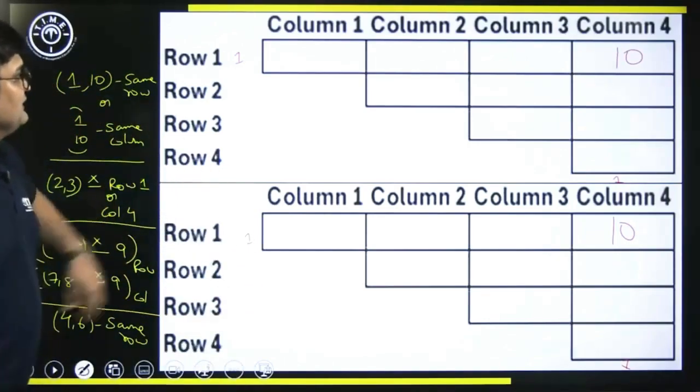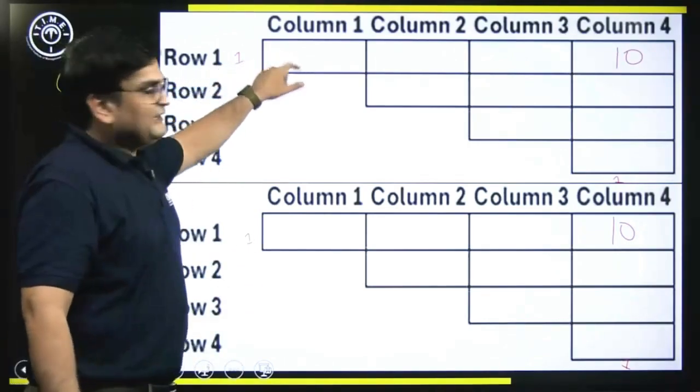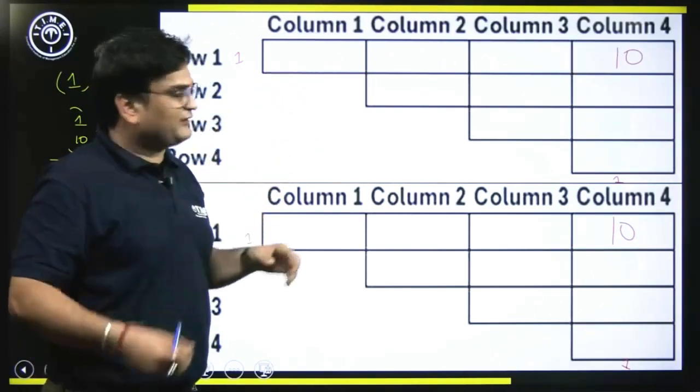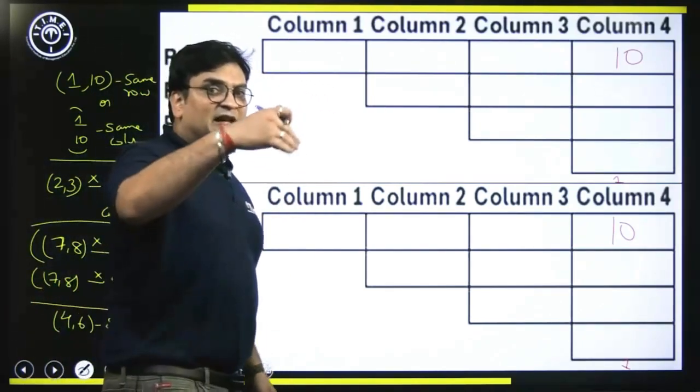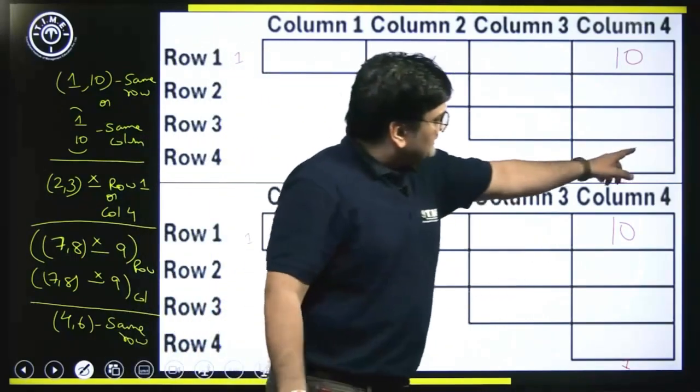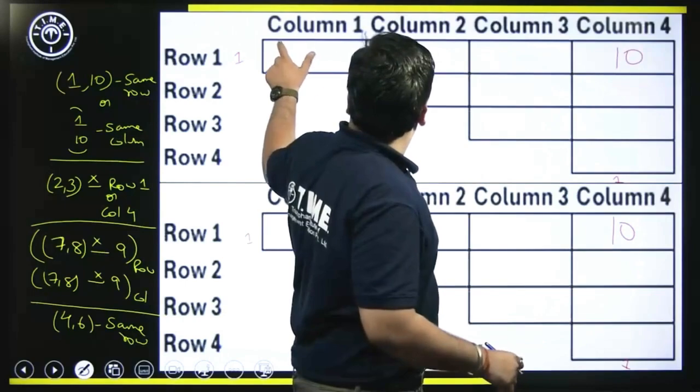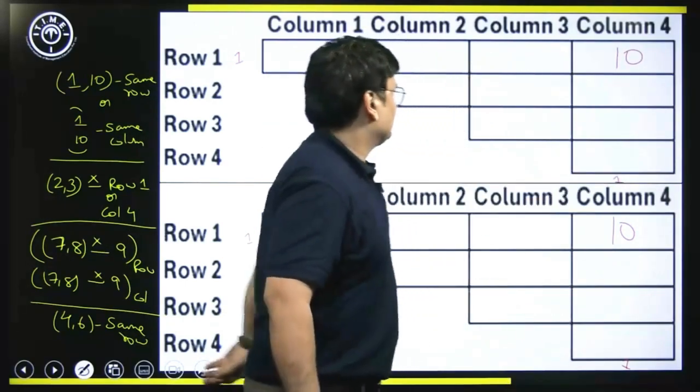Now one more thing, if at all 1 comes in row 1, it must come in this particular cell, right, because it is the smallest, and if it comes in column 4, it must come here only, nowhere else. So that means the positions of 1 are fixed, 1 will be either here or here.